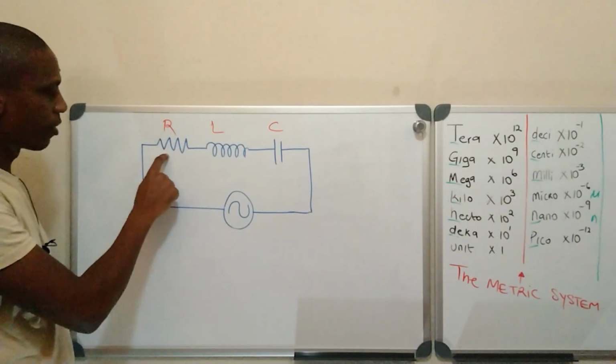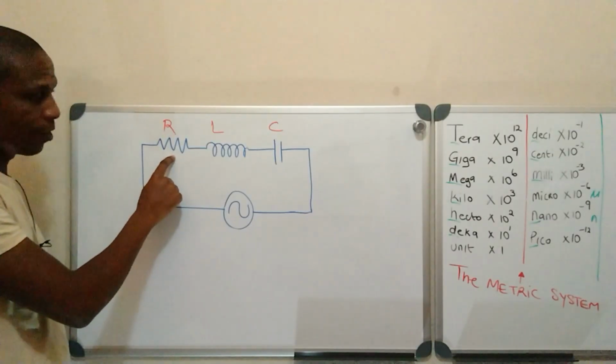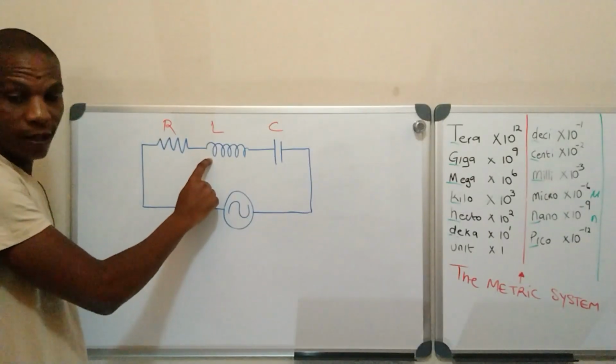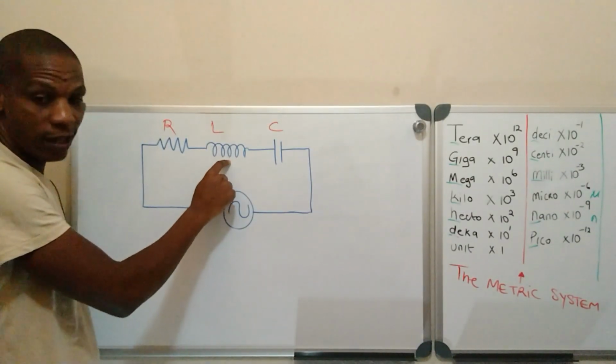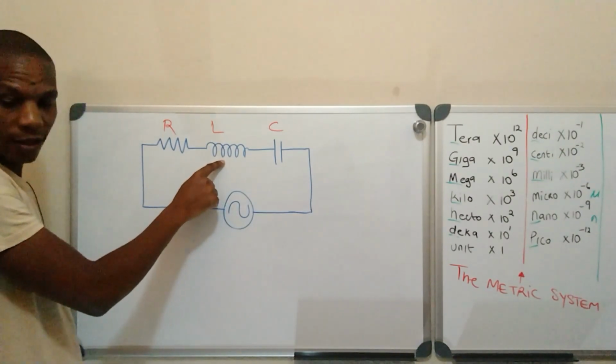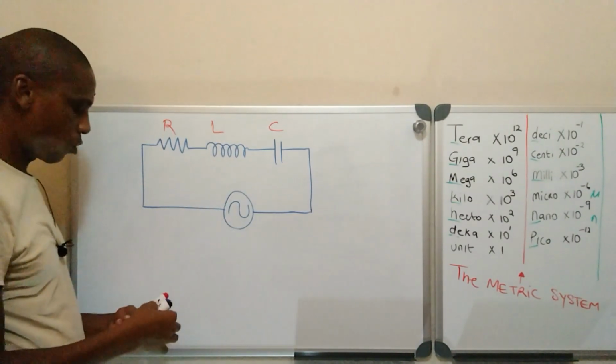A small amount will be resisted, just a small amount, but it will also allow the current to continue to pass. Then what will happen as soon as the current gets to the inductor? It will generate a magnetic field around this coil.